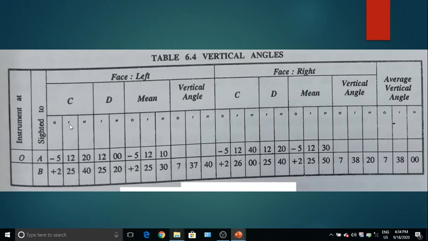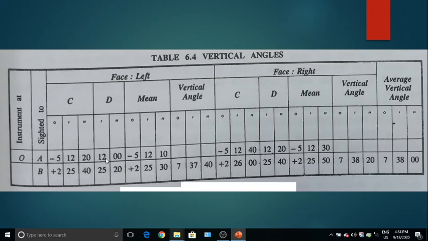Now on vernier C, the main scale reading is 5 degrees 00 minutes, and the coincidence when you search it is 12 minutes and 20 seconds. Therefore 5 degrees 12 minutes and 20 seconds is my reading. On the other vernier, vernier D, only the coincidence is taken, minutes and seconds: 12 minutes and 0 seconds.